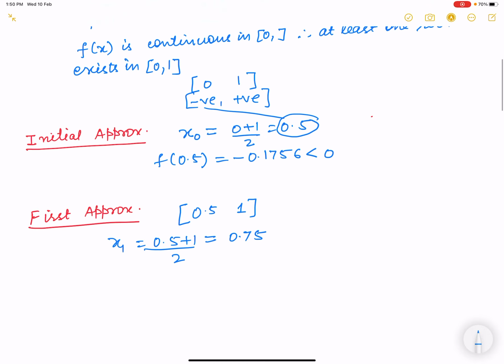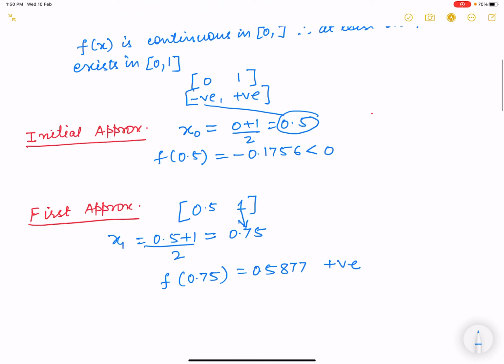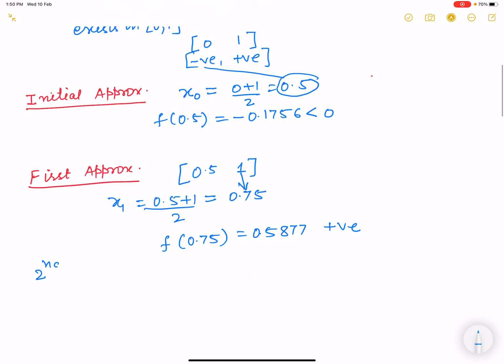Now we find the value of the function at 0.75 and we find that the value is 0.5877, which is obviously positive. So we are going to change the positive end. In the second approximation, the root lies between 0.5 and 0.75.